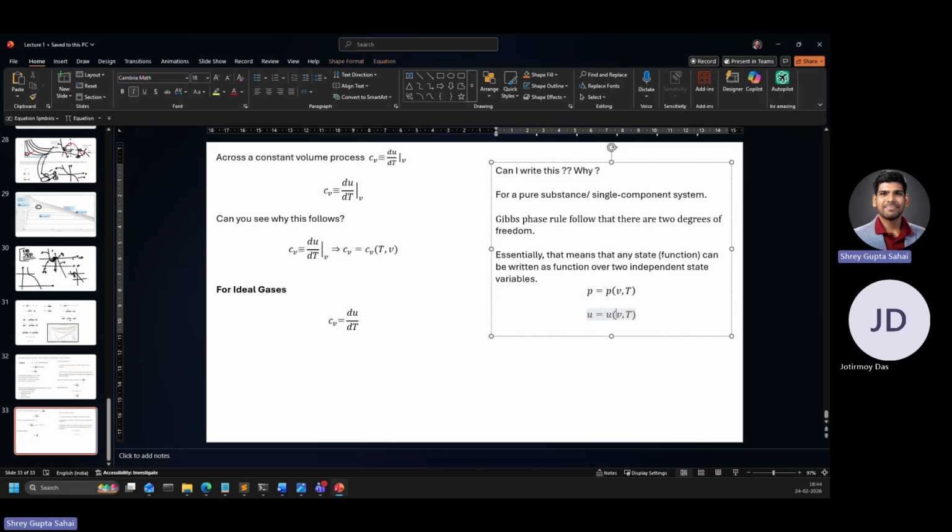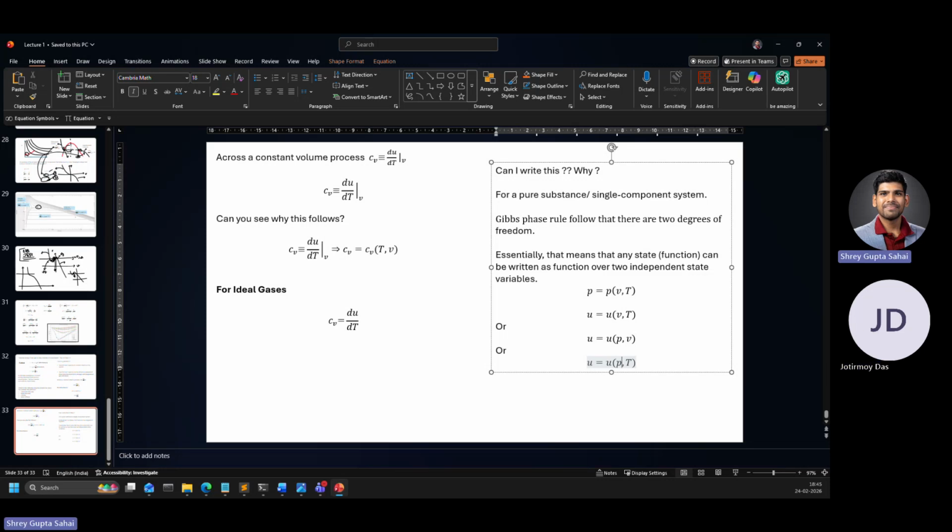For internal energy, you could have written this or even this, as a function of, it's your choice, T comma v.